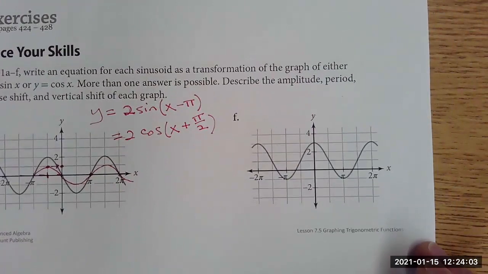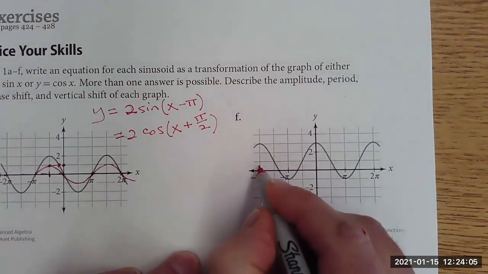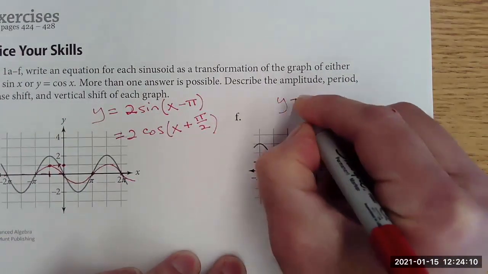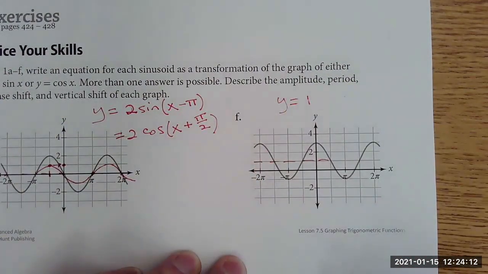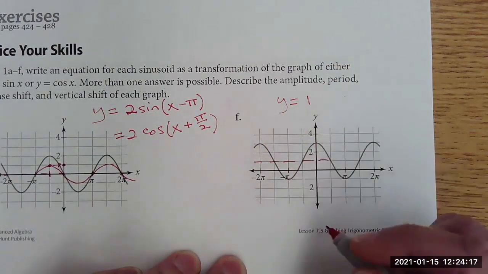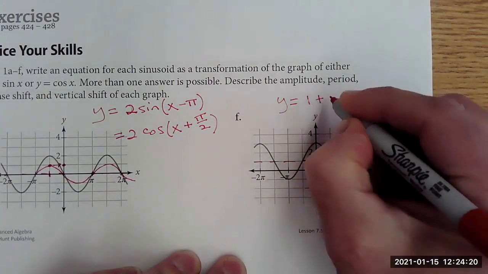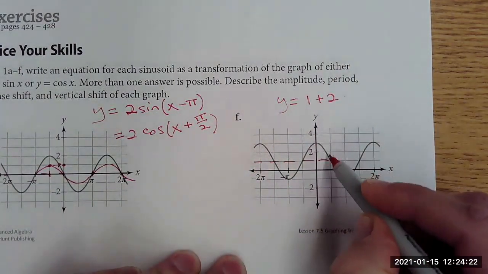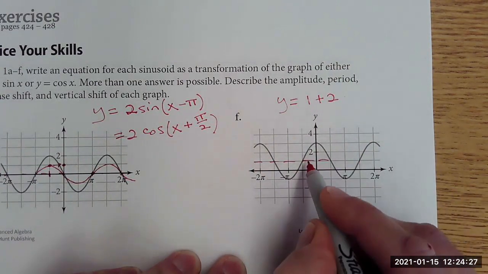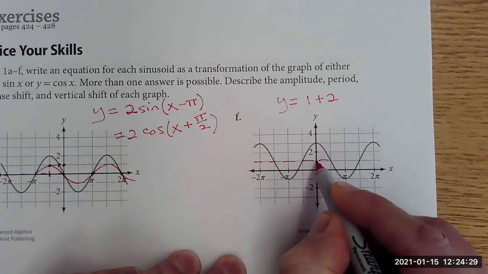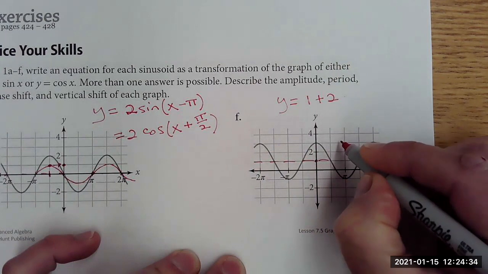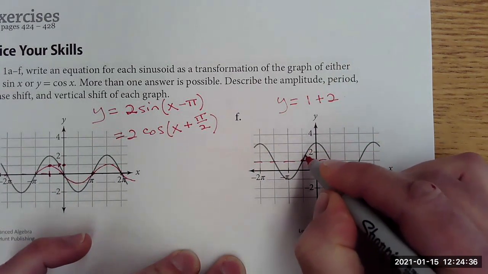Problem F. Midline first. Midline is at 1. I have a vertical shift of 1. Amplitude. Amplitude again is 2. 1 plus 2. Now, sine or cosine? Well, it depends. Let's see. Again, the shift, if it were going up, that would look like it would be doing here.